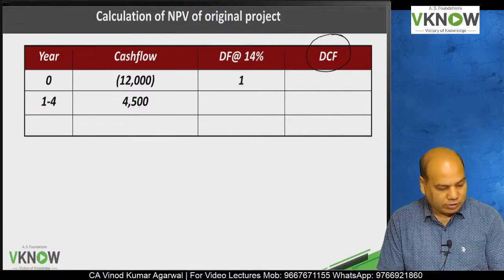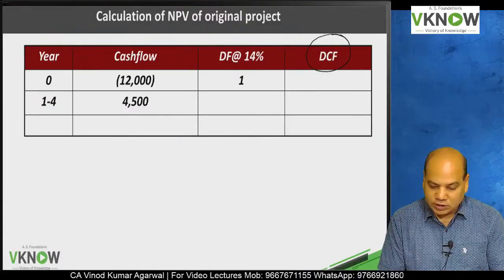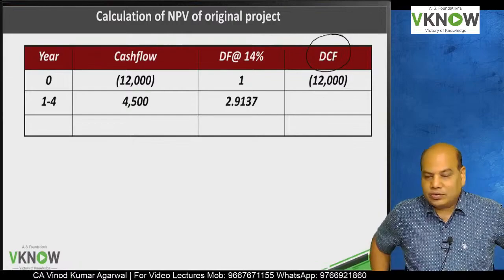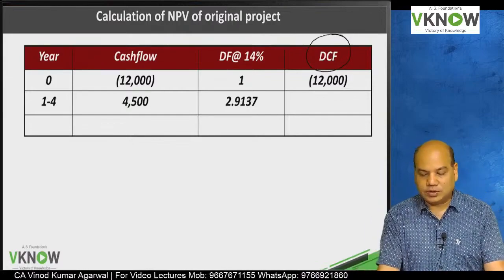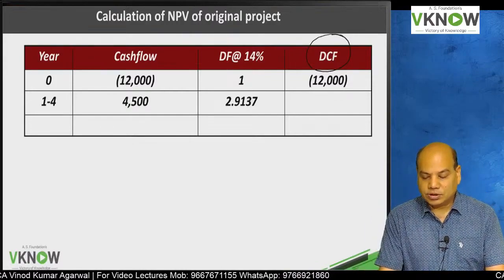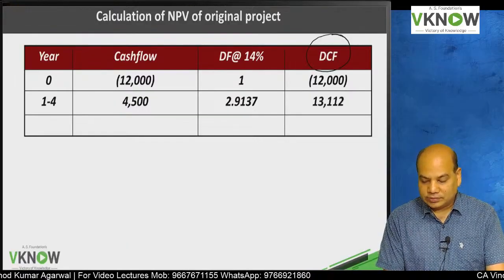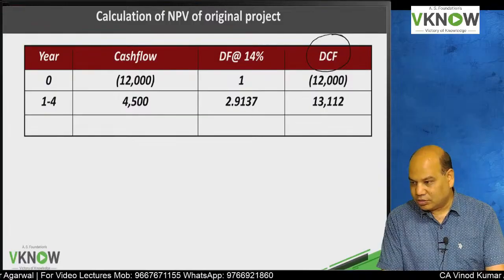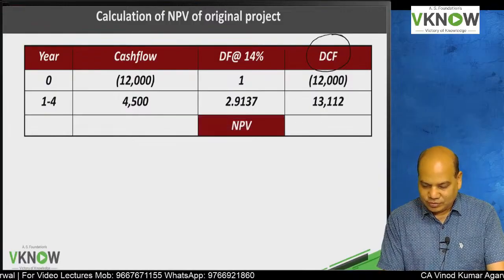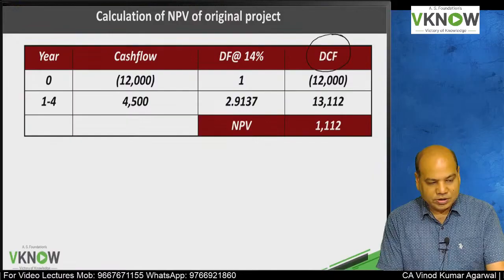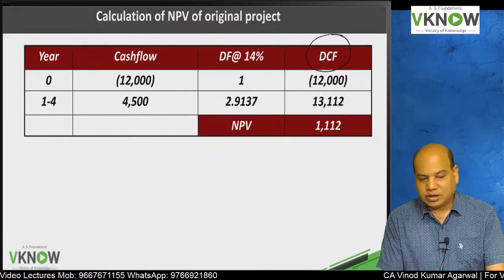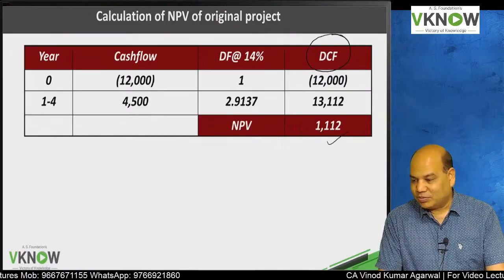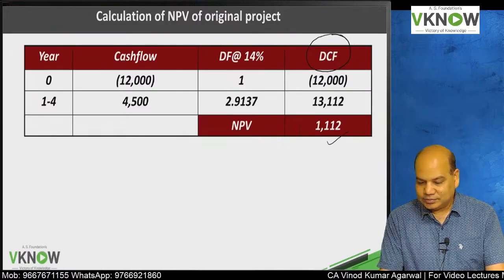The 14% 4-year factor is given in the question, so please use it from the question book only: 2.9137. Multiply please. 13,112. Therefore, NPV is 1,112. Very good, Pathan. NPV is 1,112, that is right.